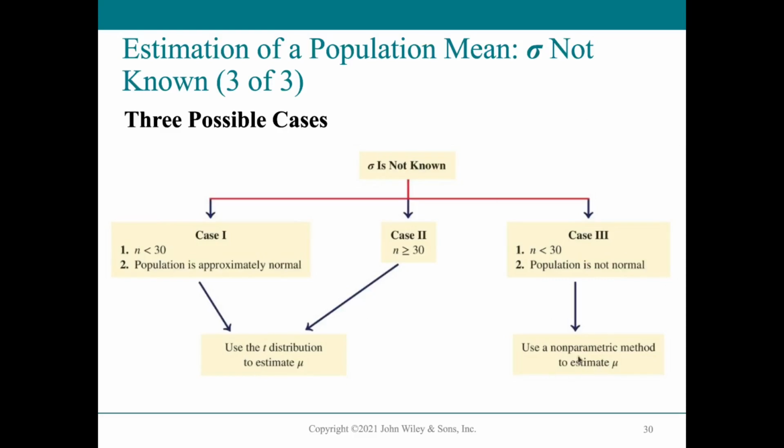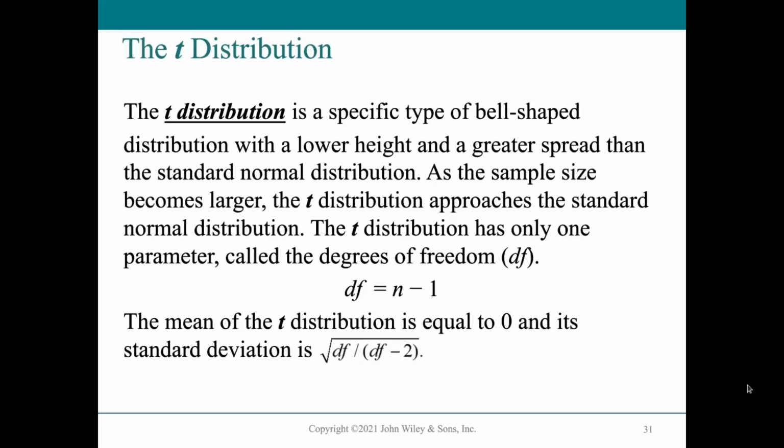And for case 3, it's a small sample and a non-normal population distribution, and that is why we have to use non-parametric methods. However, again, this will not be covered here. We are just going to focus on the use of the t distribution to estimate the population mu, or the population mean.